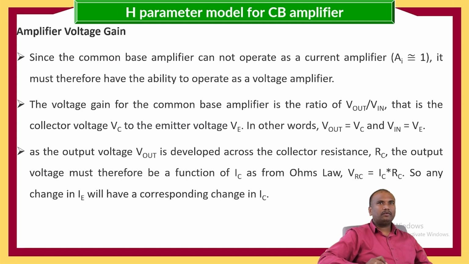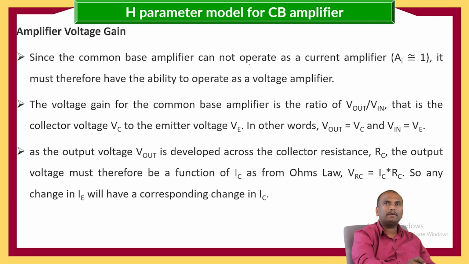And amplifier voltage gain is nothing but the ratio of output voltage to the input voltage. Here the output voltage is collector voltage and input voltage is emitter voltage.